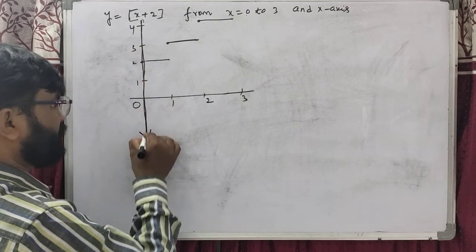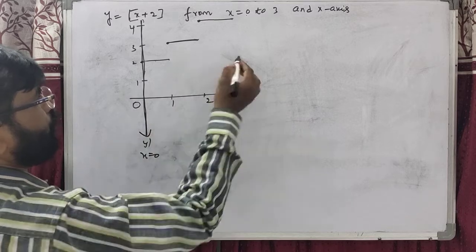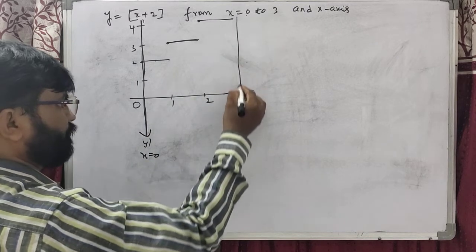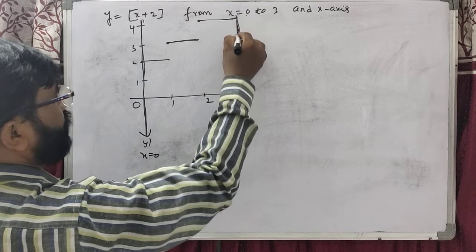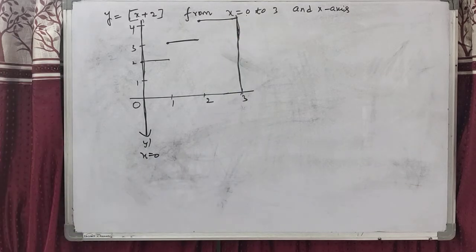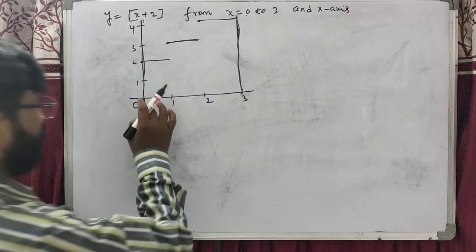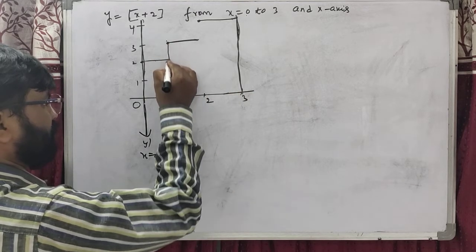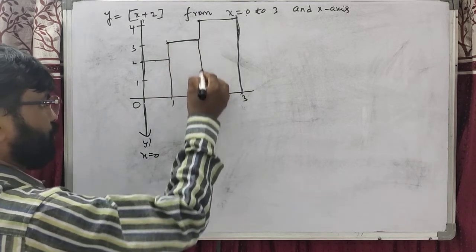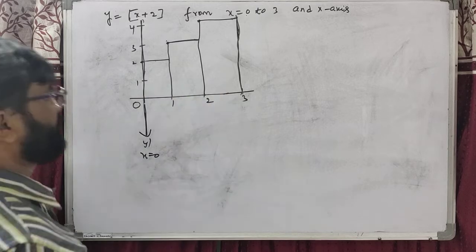Okay students, up to x equal to 3. This is the line x equal to 3. Now we have to find this region. So in between 0 to 3, there is x equal to 1 and x equal to 2. Now we have to find these areas.